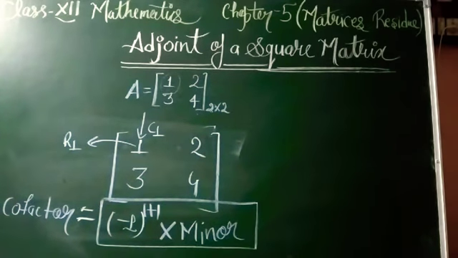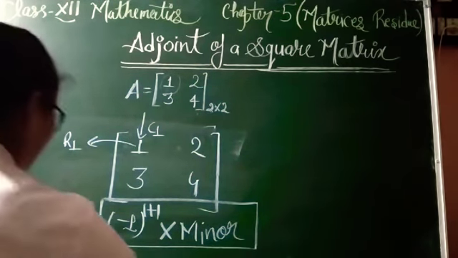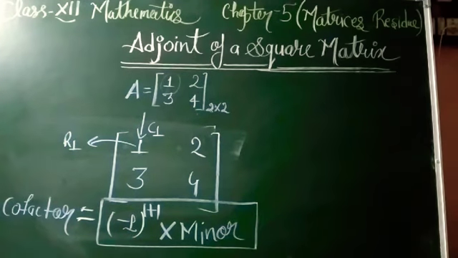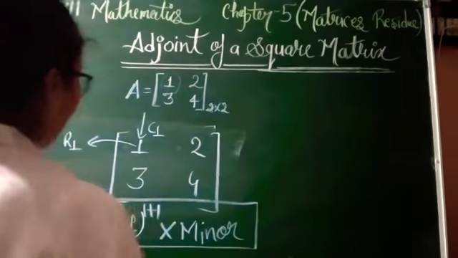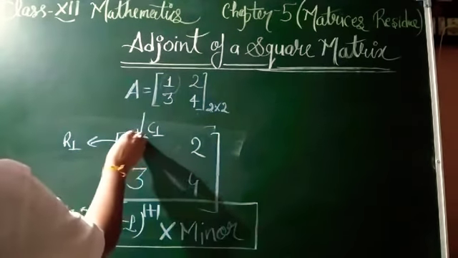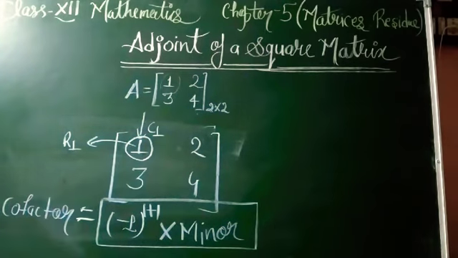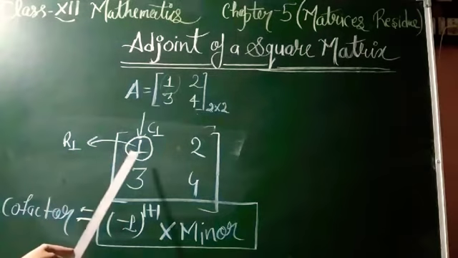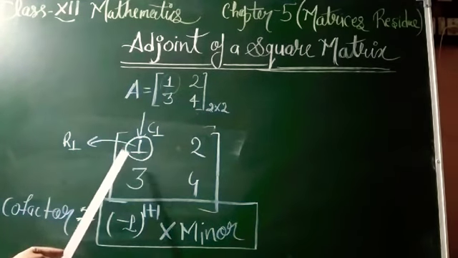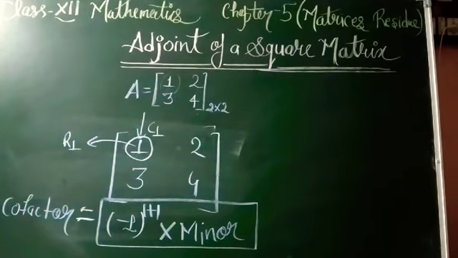Now the question is, what will be its minor? For the minor we exclude the row and column and find the determinant of what remains. If we want to find the cofactor of 1, first we need to find its minor.